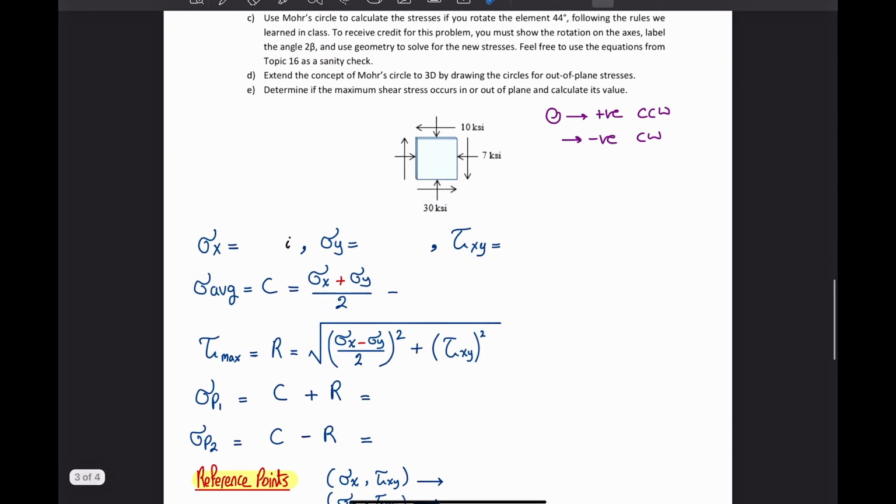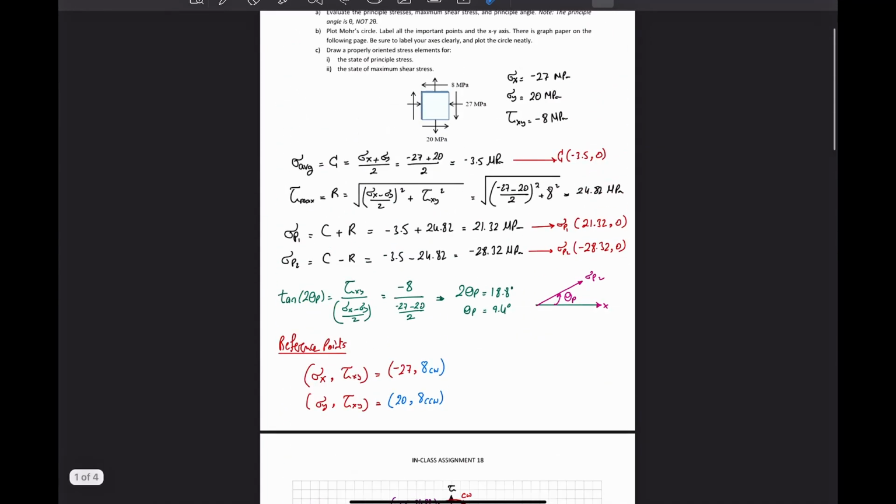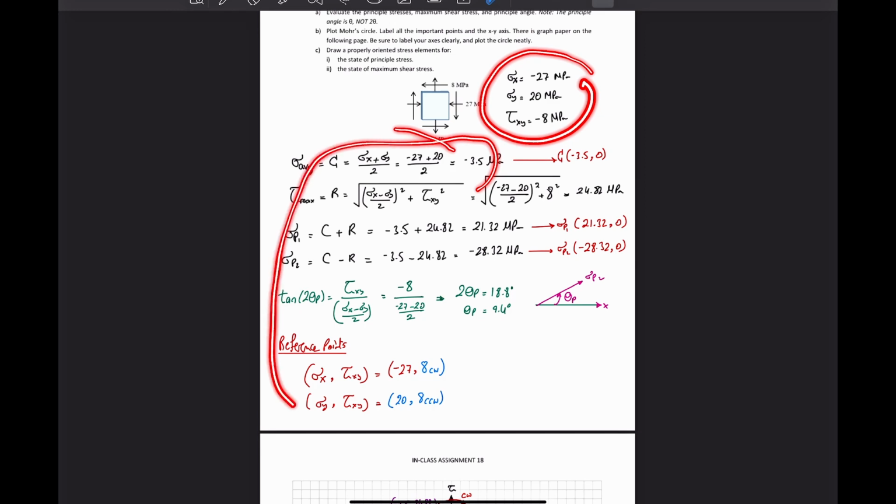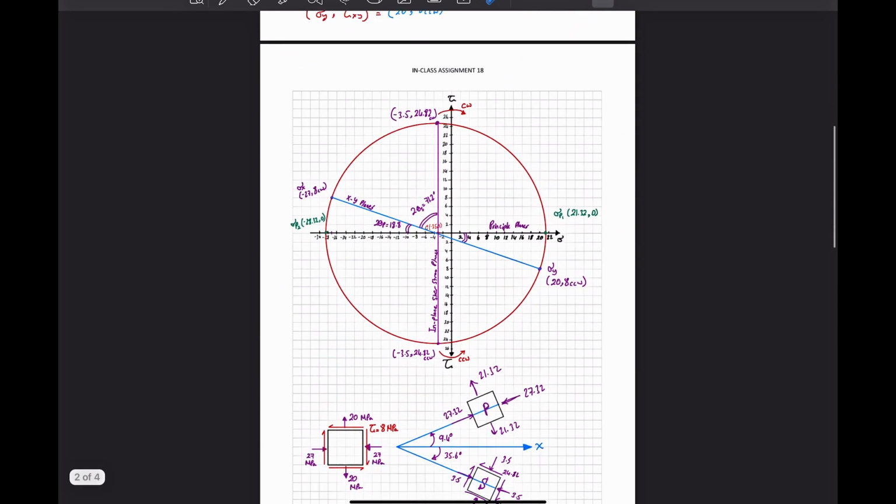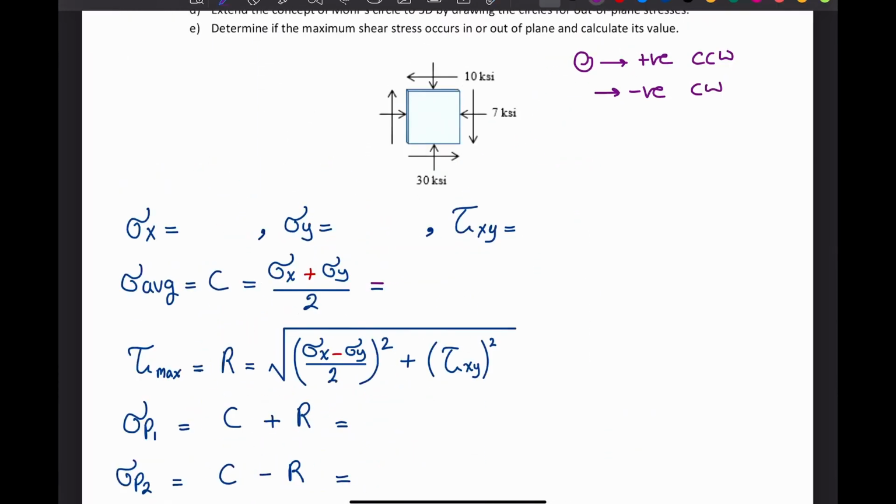Okay, so I'm going to use the same steps as I did here. Write out the x, y, and tau, and just use those steps because they are going to be the same to do the circle. So sigma x is negative 7 ksi, sigma y is negative 30 ksi, and tau xy is negative 10 ksi.